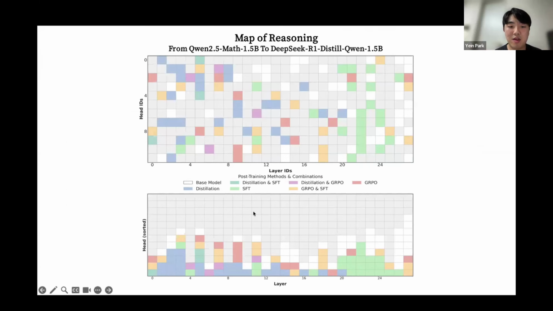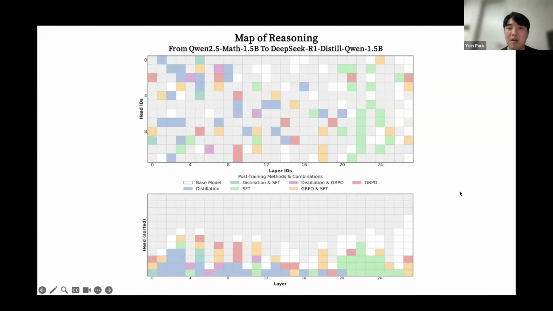And here you can see that most of the distillation heads are focused on the early to mid layers, and the SFT heads are focused on mid to late layers, which is blue and green in this case. And also GRPO heads are spread through the whole layers, and they also have some common attention heads.